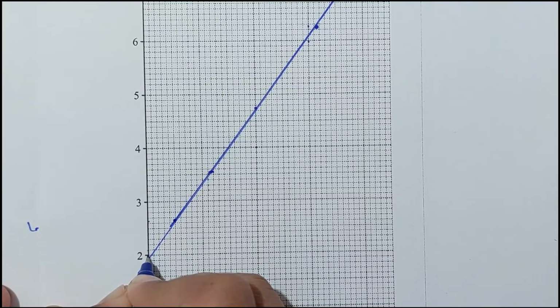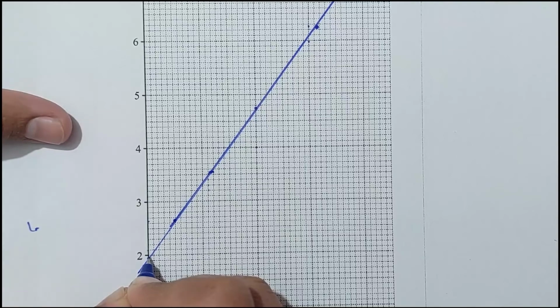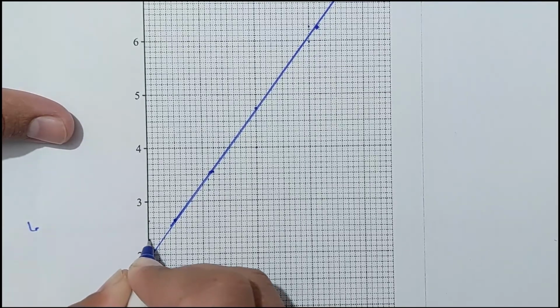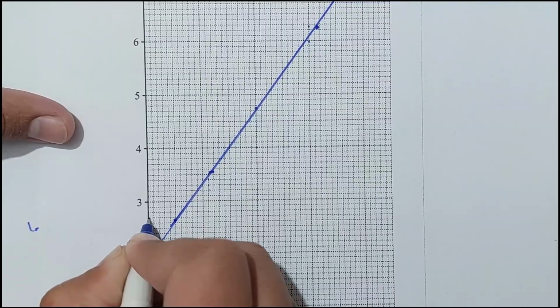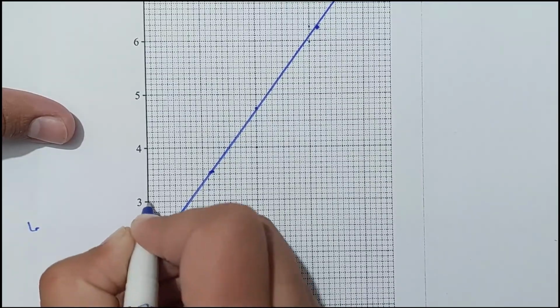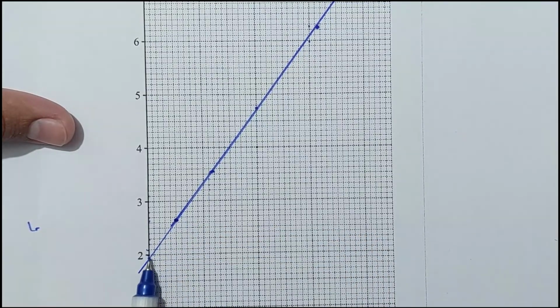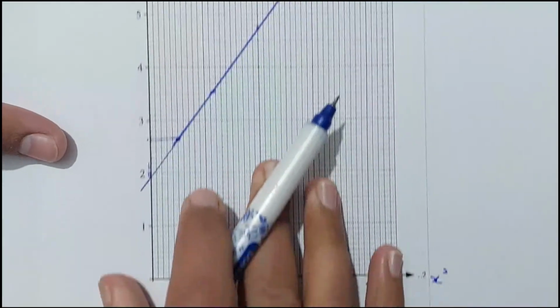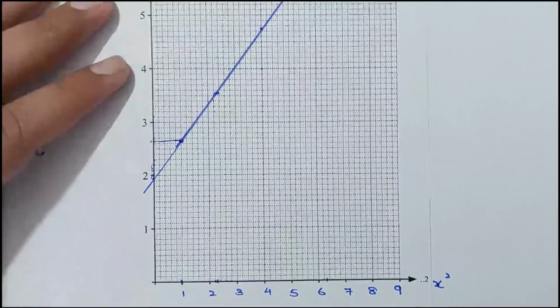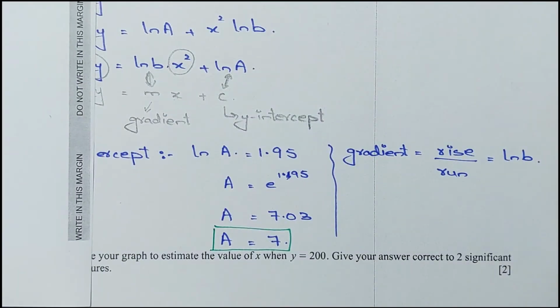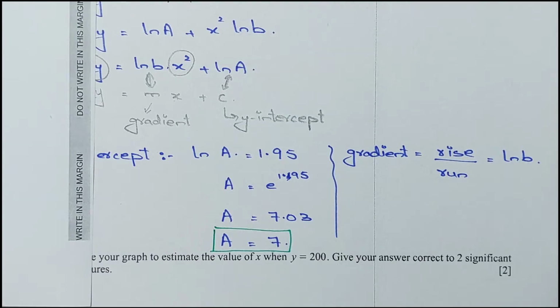If we start from here, we have rise 1 unit, 2 unit, 3 unit, 4 unit, 5 unit, 6 unit, and 7 unit in the middle. And here we have to run just 1 unit. So the rise is 7 units and the run is 1 unit.